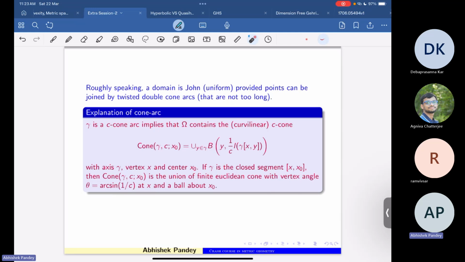It will be like a carrot kind of thing, where the fatness is at the center x0, and this is the point x. So in a domain we can fit a carrot having the vertex at x and the fatness at x0. So this is what we mean by the cone condition.